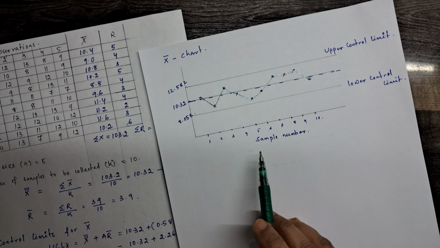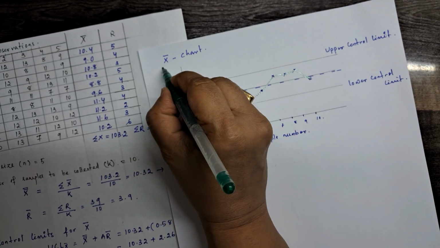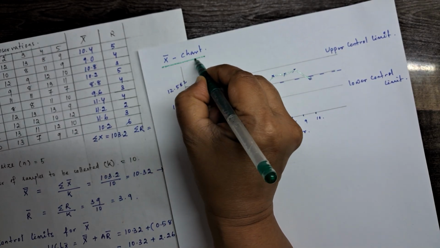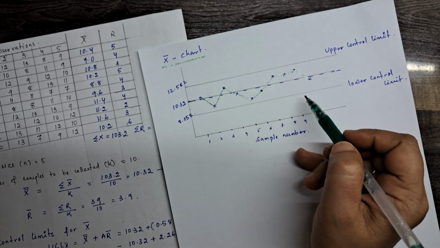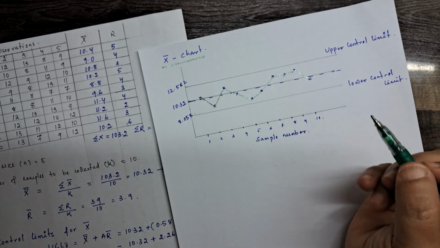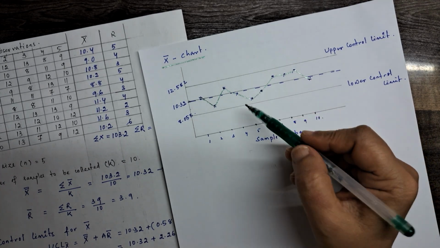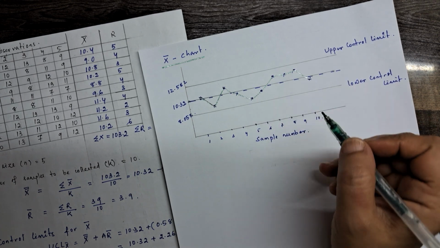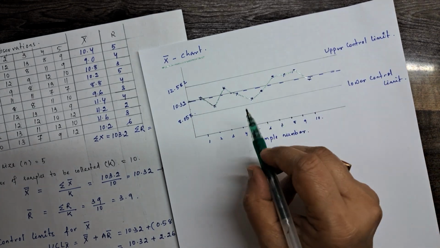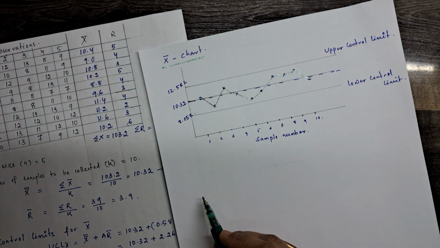So this is the X bar chart, and all the values are within our control limit. Like this, we plot our R chart.